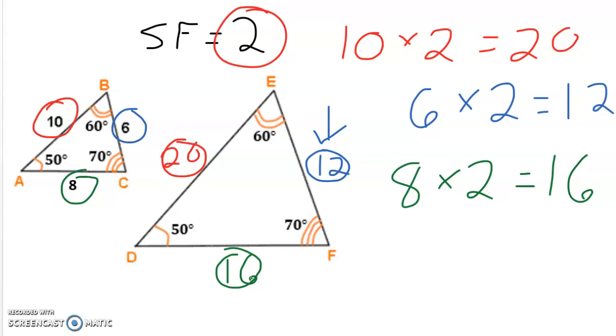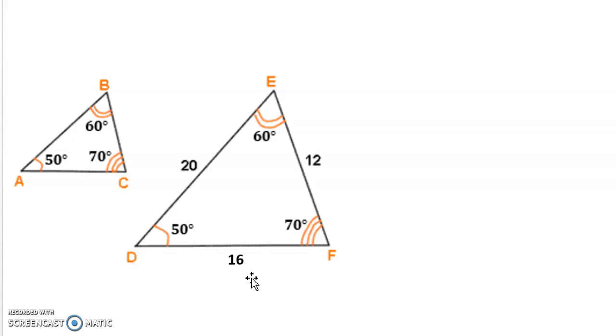Now, scale factors are not always whole numbers. Sometimes they are fractions. Also, when we do a dilation, which means making a shape larger or smaller, sometimes we are shrinking the shape down. We're taking an original shape and shrinking it. So let's look at another example, but this time, let's say that triangle DEF is my original shape.